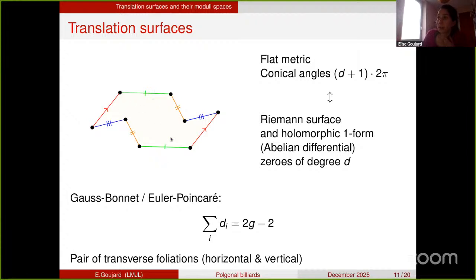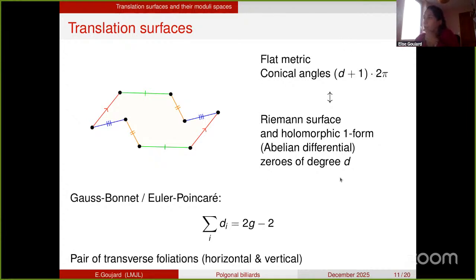Also along the sides, everything is fine. You see a piece of the plane. And you may have some conical singularities at the vertices of the polygon. So you get a flat surface with conical singularities. It happens that the conical angles are just multiples of 2 pi because of this translation atlas.